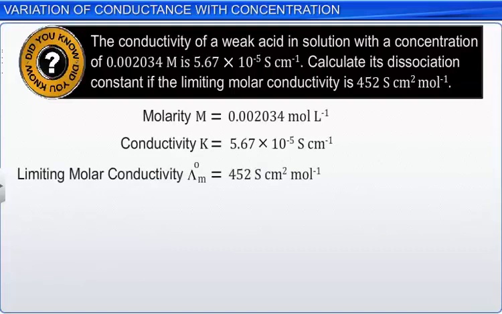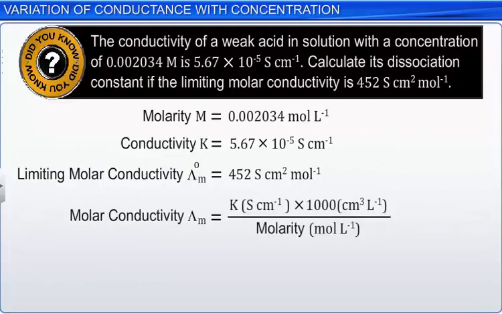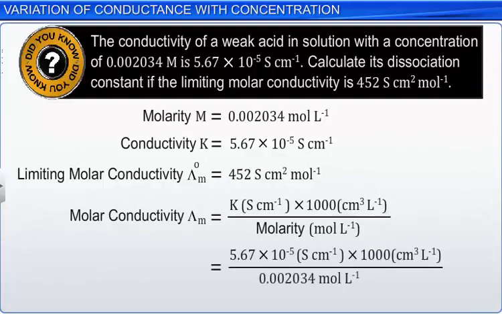First, find the molar conductivity using the equation you learned earlier. On substituting the values, we get the molar conductivity as 27.88 Siemens centimeter square per mole.